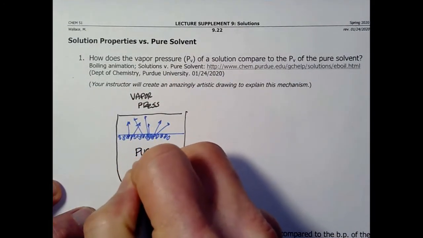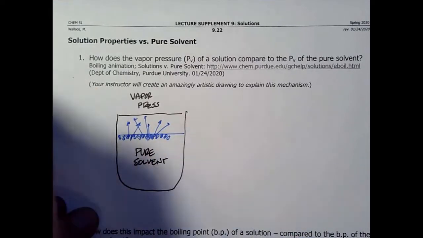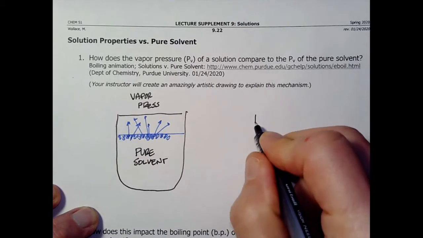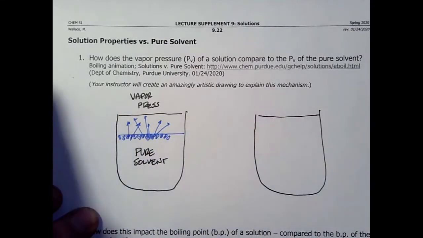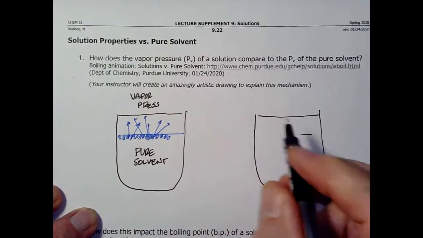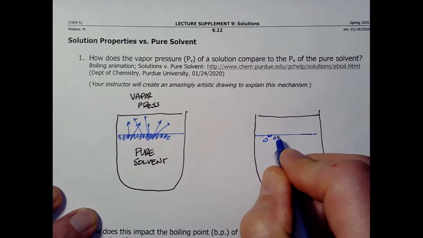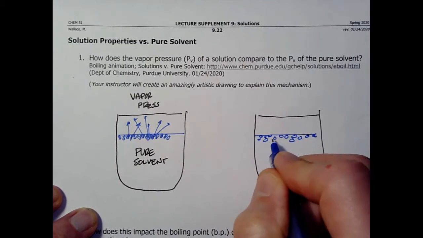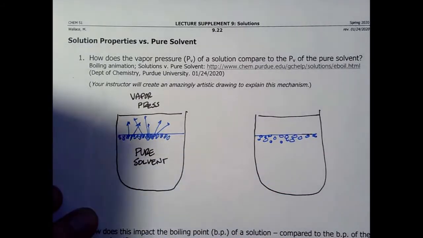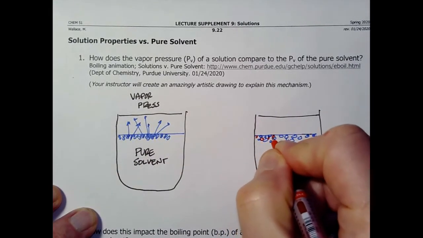This is pure solvent, so not a solution. In this beaker, or whatever this poorly drawn flask is, I've got my solvent particles, but interspersed in there are solute particles.